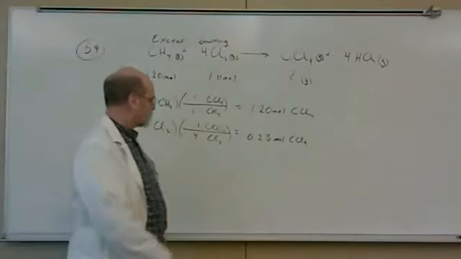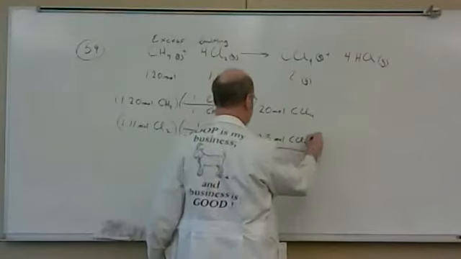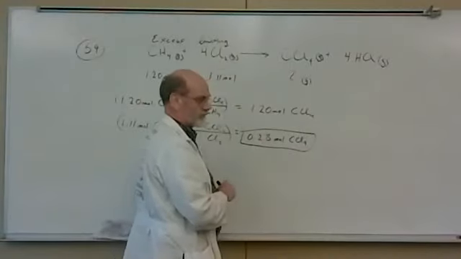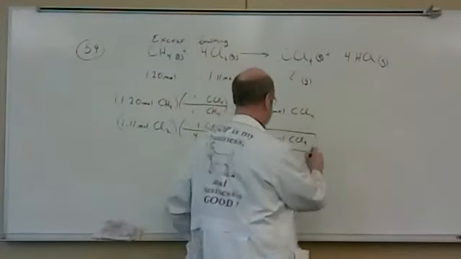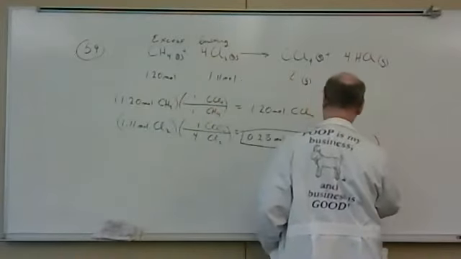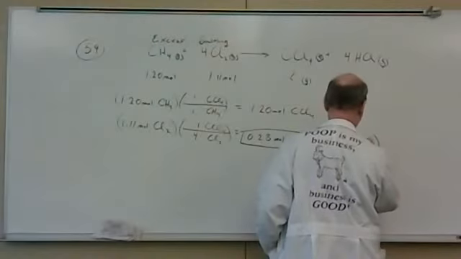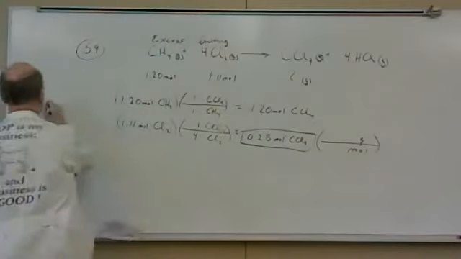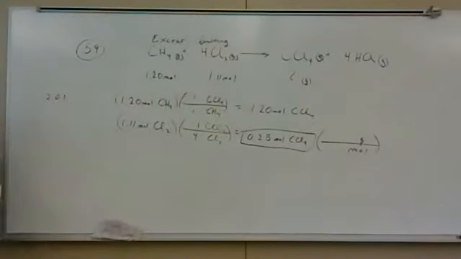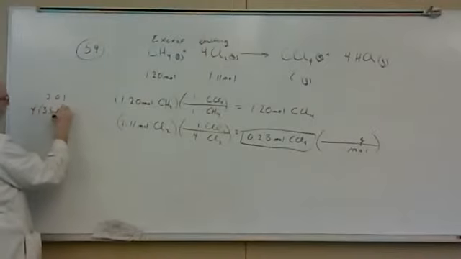Right? So this is the one that produces the least amount. So that's the one you calculate for mass. So what's the molar mass of carbon tetrachloride? Well, 12.01. And then chlorine. So 4 times 35, 45.